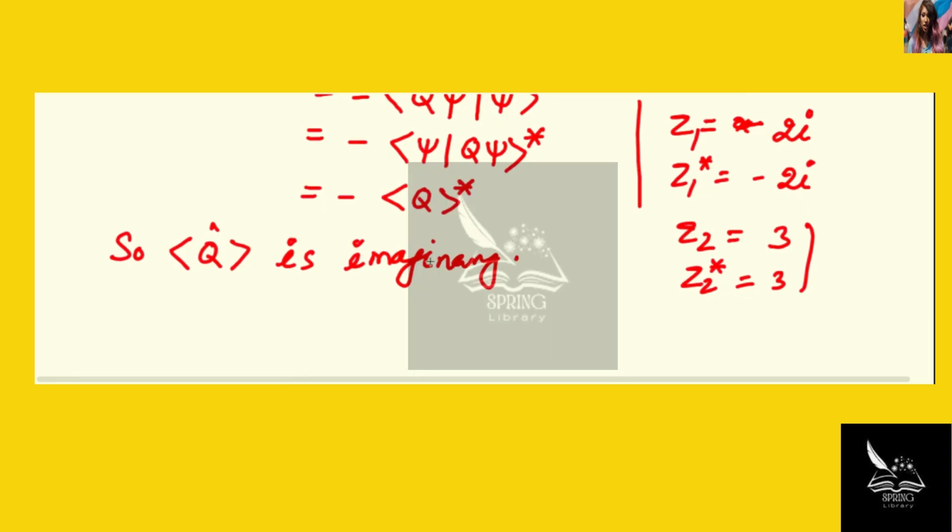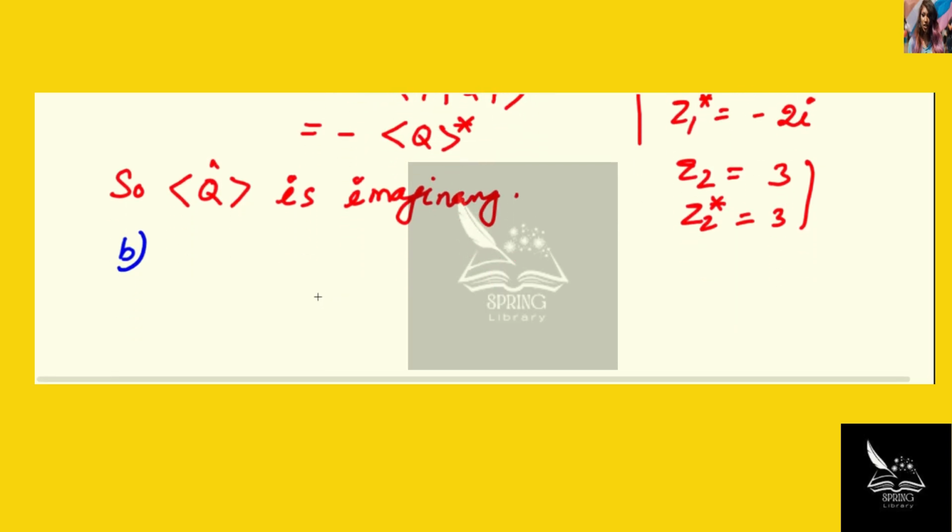Now the B part of this question: show that the commutator of two Hermitian operators is anti-Hermitian, and how about the commutator of two anti-Hermitian operators?